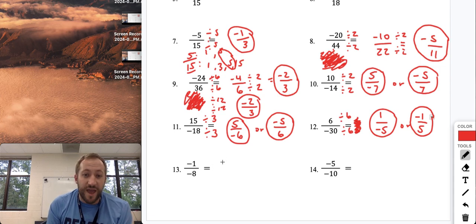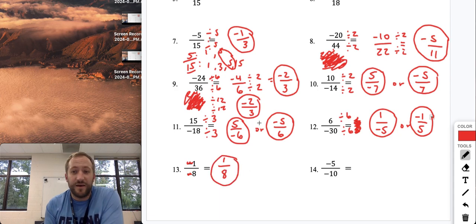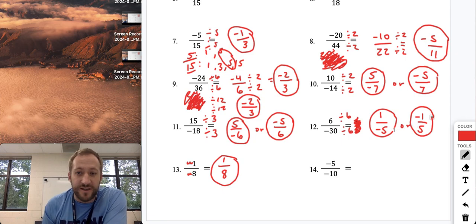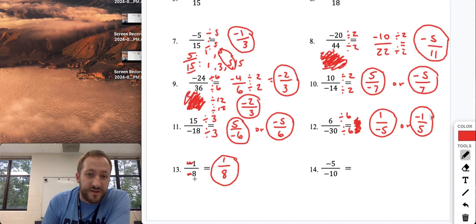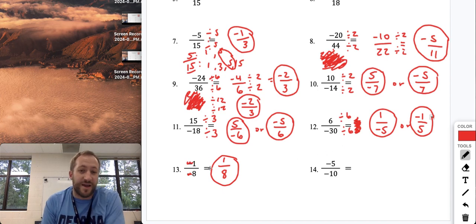So whenever I have 2 negatives in here, I get rid of them both, and I end up with a positive fraction, 1 over 8. The reason I can put one negative anywhere is because 1 divided by negative 5 is still a negative answer. Negative 1 divided by 5 is still a negative answer. You get the same thing either way. However, when I have 2 negatives, I know that a negative divided by a negative is really a positive. So this is what I'm looking for over here.